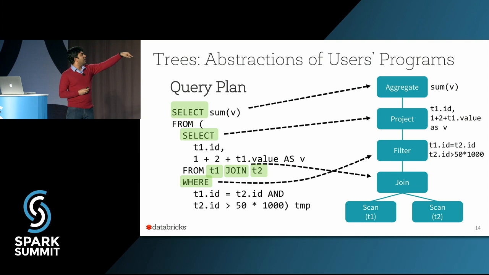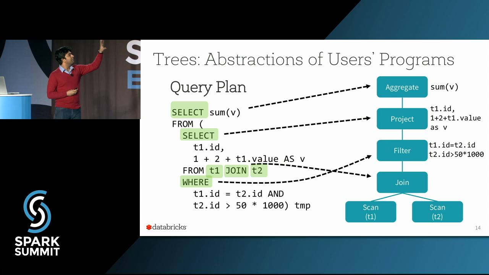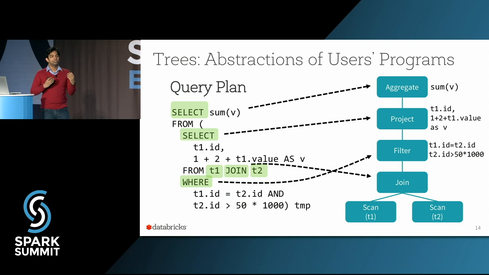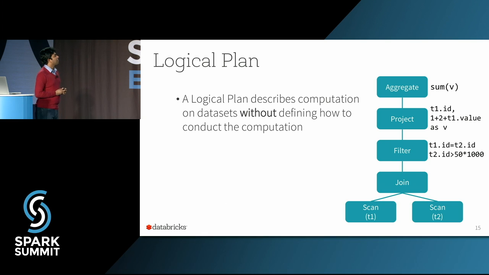We started with a query on the left, which is just a SQL query, and we converted it into a query plan. It has these sets of data operations, like aggregate, project, and filters, which map to roughly what the query is trying to do. And each operator is working on these expressions. You have things like 1 plus 2 plus t1.value, which the project operator is trying to select, and the aggregate operator, which might be trying to produce the sum of v expression.